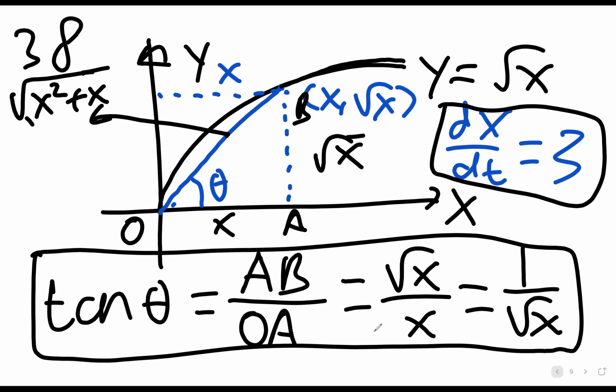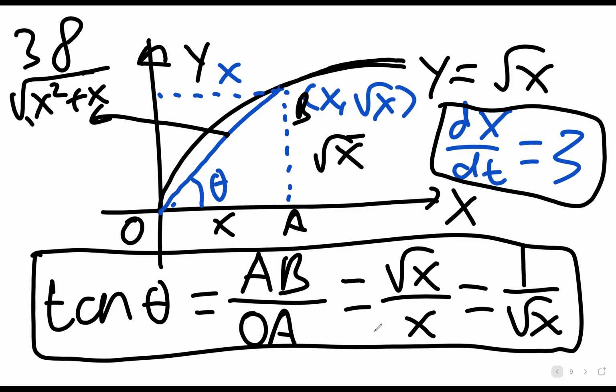So I draw the curve y equals square root of x, and the information is the distance from the point on the curve to the x and y axes. It's known that the rate of change of the distance from the point to the y-axis, namely x, is 3, so dx/dt equals 3. Since the particle is on the curve y equals square root of x, the coordinate of the particle will always be (x, square root of x).